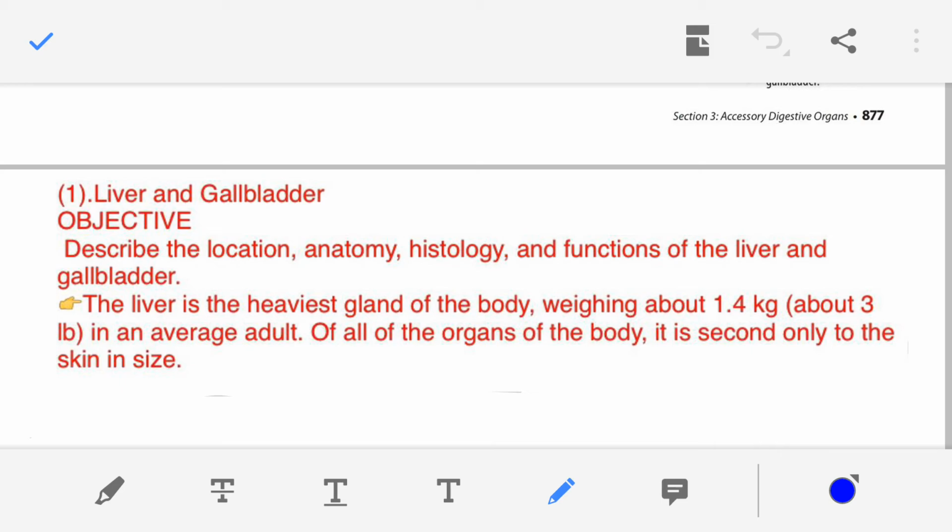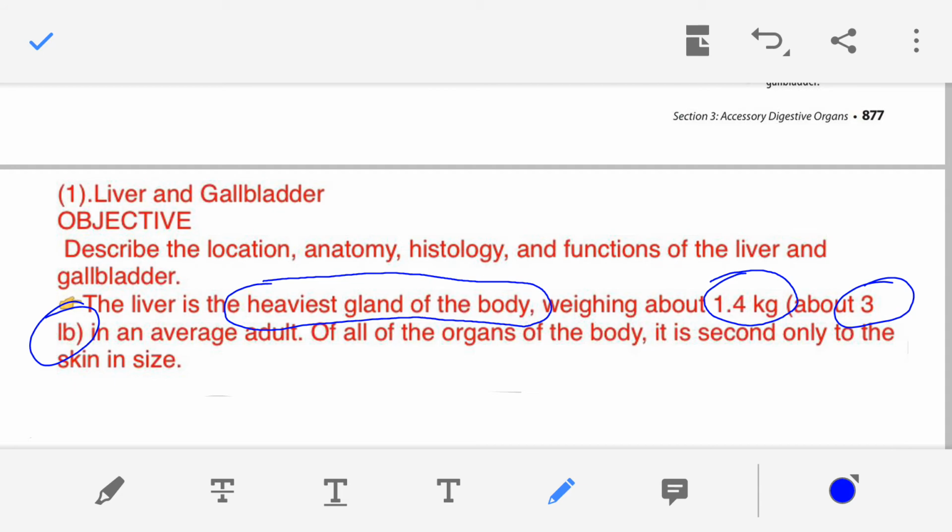The liver is the heaviest gland of the body, and the weight of the liver is nearly 1.4 kg, that means about 3 pound. So the weight of the liver is 1.4 kg in an average adult person.